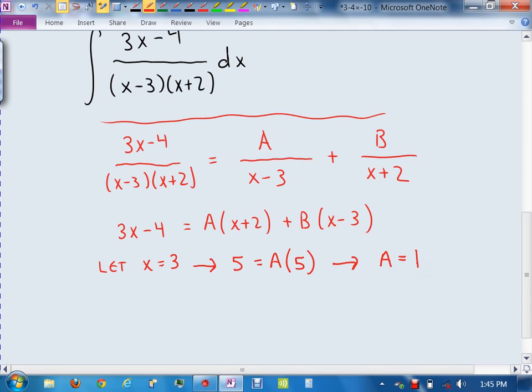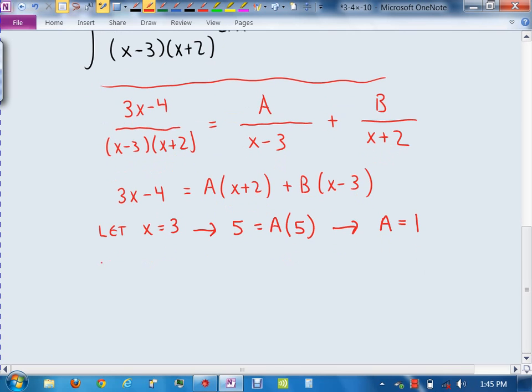Any questions? All right, now let x be what? Negative 2. Now I'm trying to kill off the A. If I do that, I get, what, negative 10? Because I plug a negative 2 in right here. 3 times negative 2 is negative 6. Take away 4, negative 10. The A is going to go away.